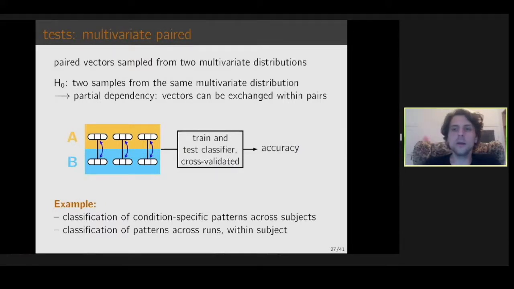So here, A and B are not two independent groups of people, but A and B might be experimental conditions. And because experimental condition is a repeated measure within subject, there's this partial dependency which prevents us from exchanging freely, but only allows us to exchange within pairs.